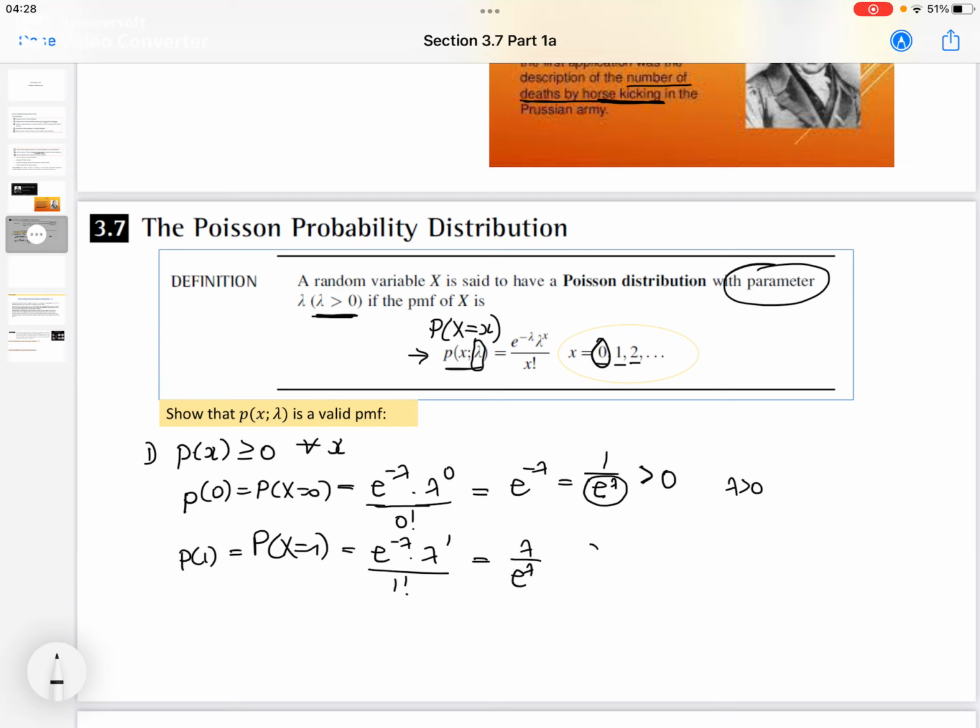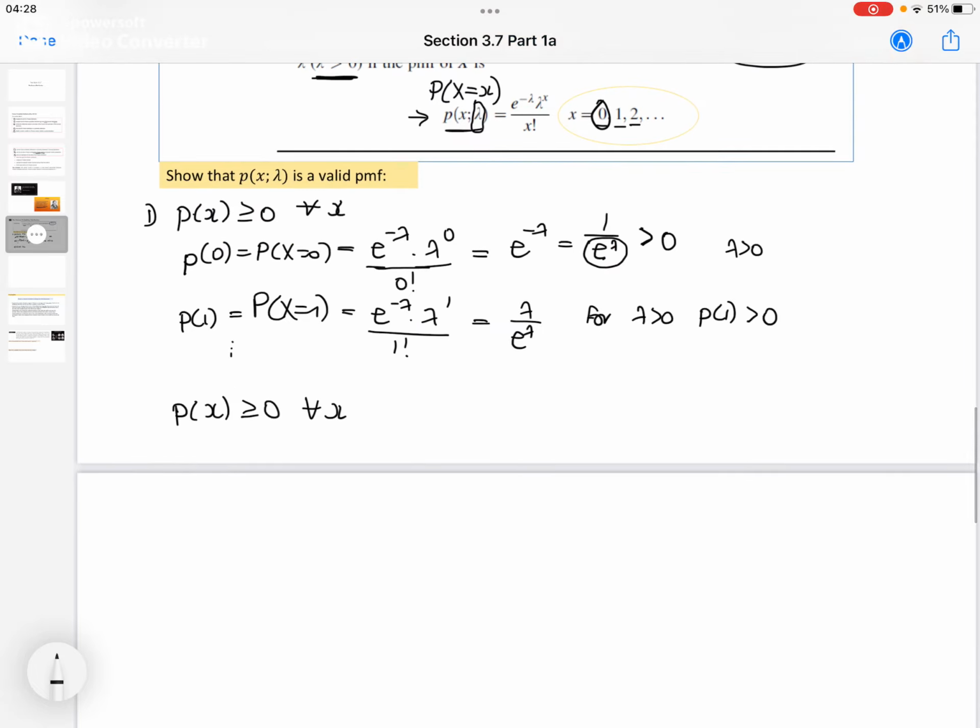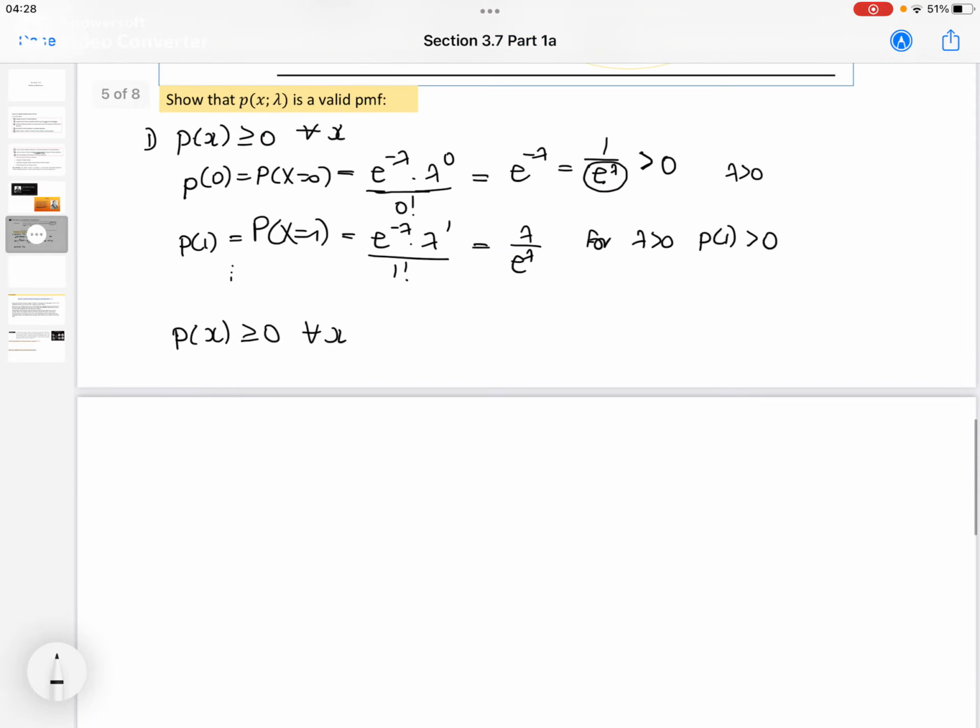And so for lambda that is greater than 0, we see also that p_1 is greater than 0. And so if you continue and have a look at x equal to 2, 3, 4, and so on, then you'll see that p_x will be positive, greater or equal to 0 for all values of x. All right, so we have done the first requirement for a valid PMF.